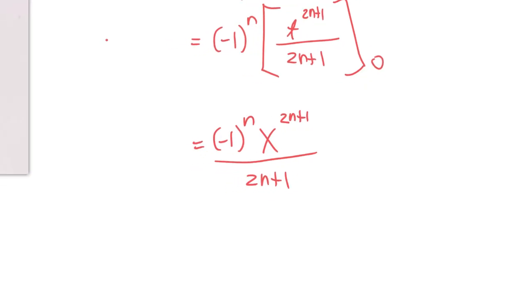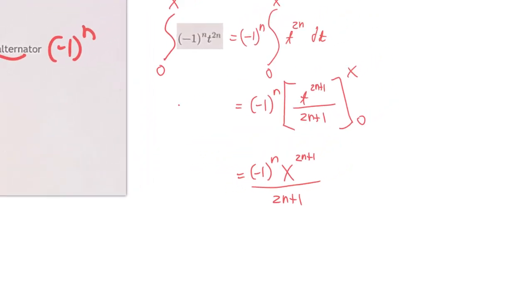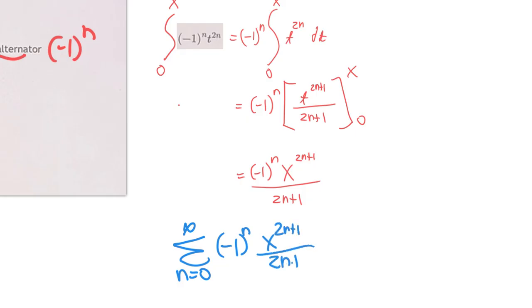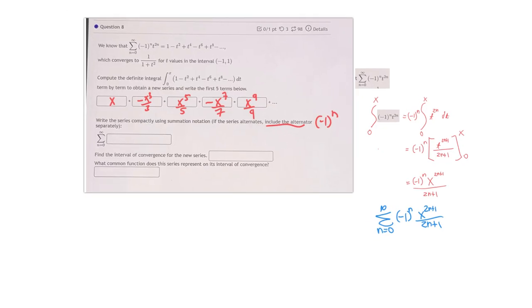So therefore, this could be rewritten as this summation, where you have this -1, which I guess would be the alternator. And then you have your x to the 2n plus 1 all over 2n plus 1. But once again, they said include the alternator separately. So I'm wondering if really we're just putting this in there. Okay, great.